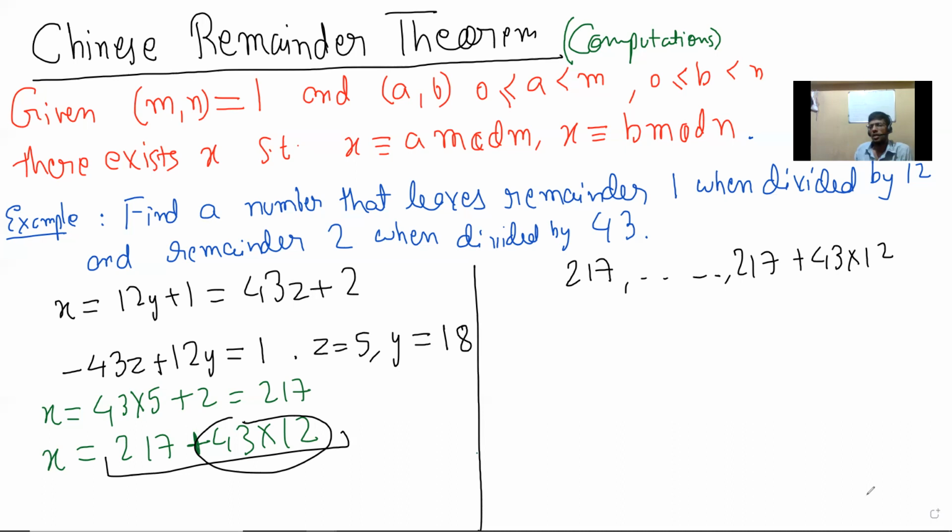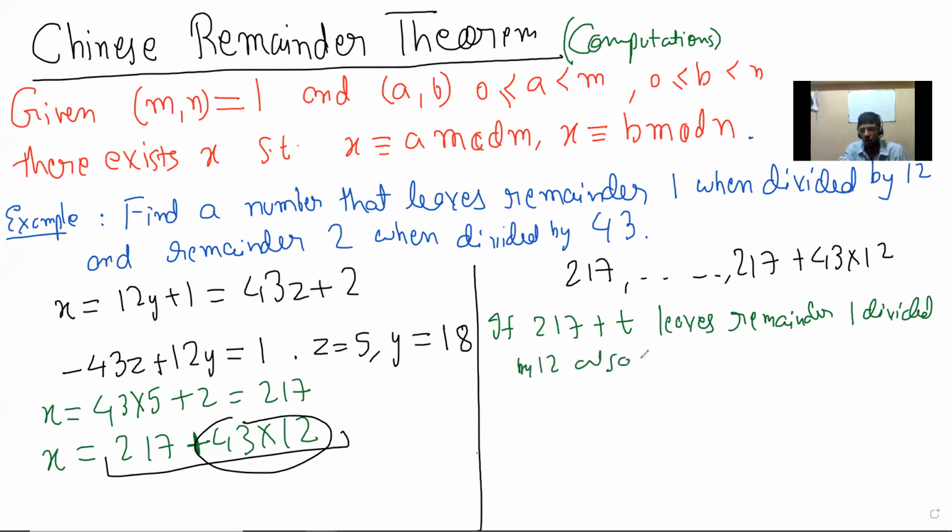So my question is, if 217 plus t leaves remainder 1 when divided by 12 and so on, then why should t be 43 into 12 times something?